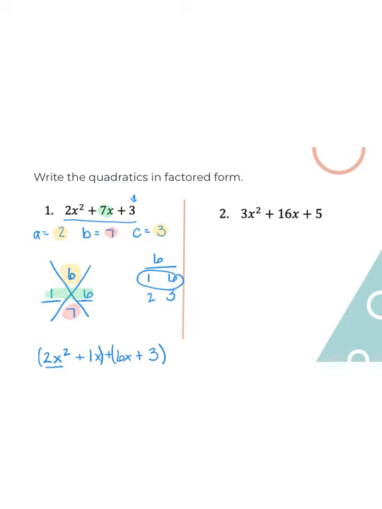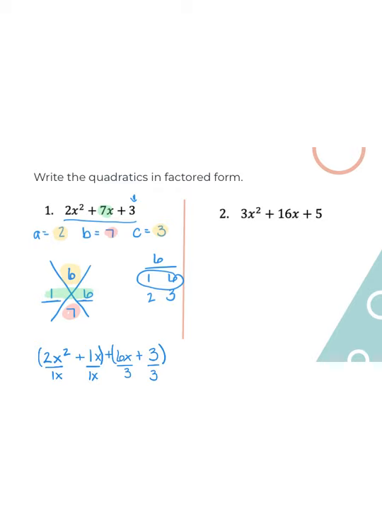So I'm going to divide this by 1x. I'm going to divide this by 1x. And then if I'm thinking of my next set, my 6x and my 3, I know I can take a 3 out of this, and I can take a 3 out of this.